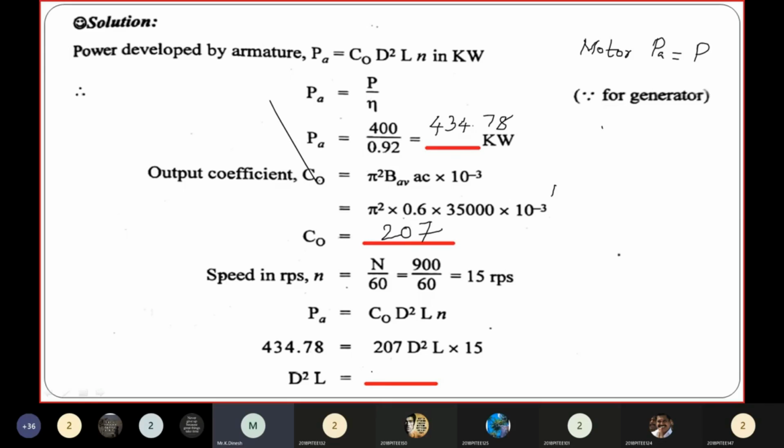Have you got the same answer or different? If I calculate with my values, I may get the same answer, 0.14. So name the expression as 1. Just name the expression as 1.